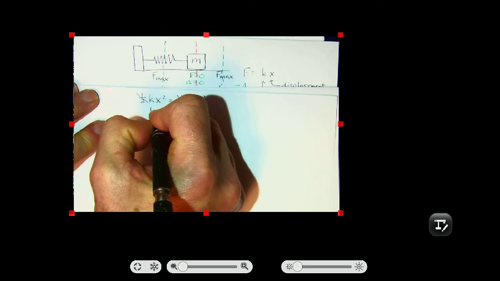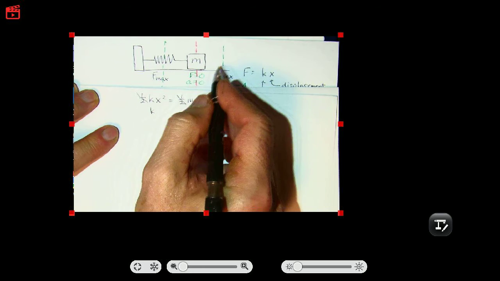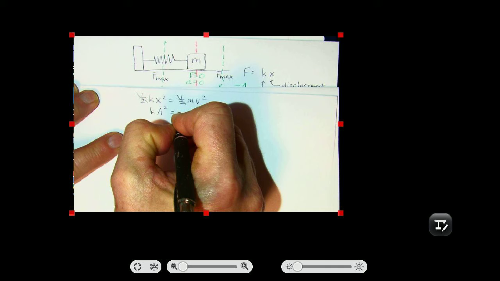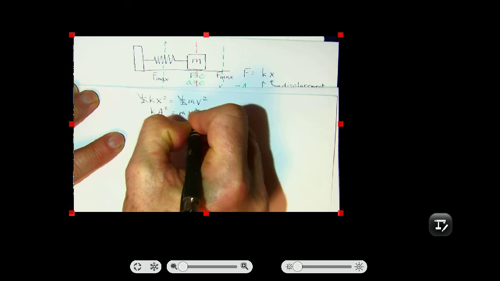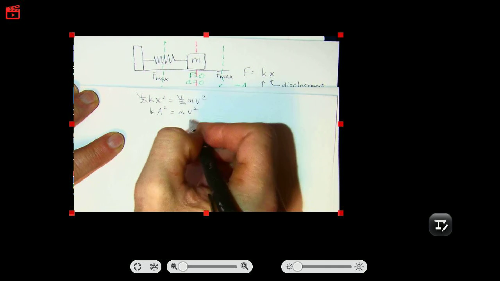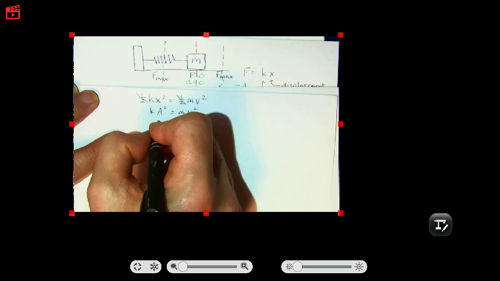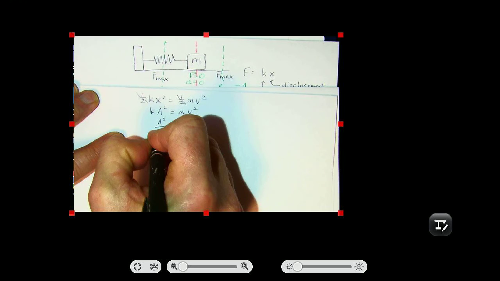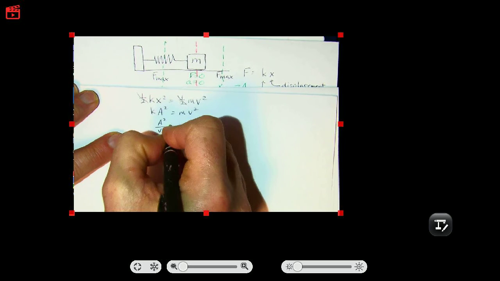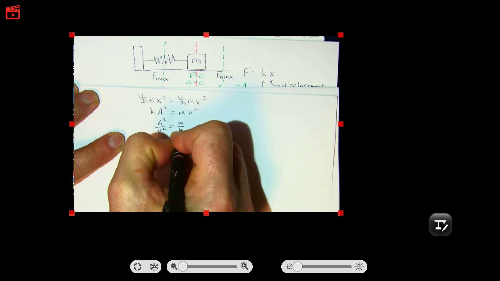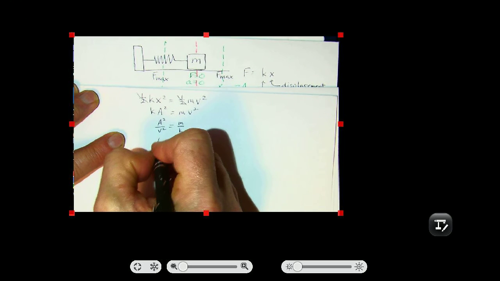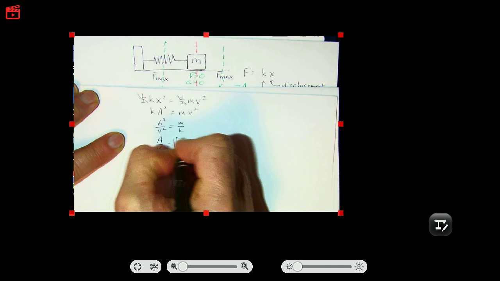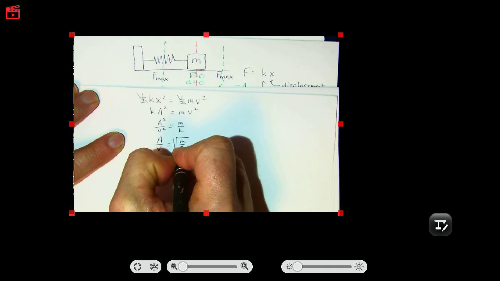We have k, and our x at the maximum distance is A. If I rearrange these, I can divide by v squared and by k. So I have A squared over v squared is equal to m over k. So A over v is equal to the square root of m over k.